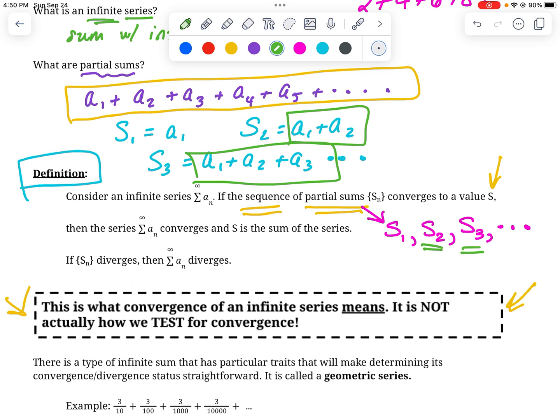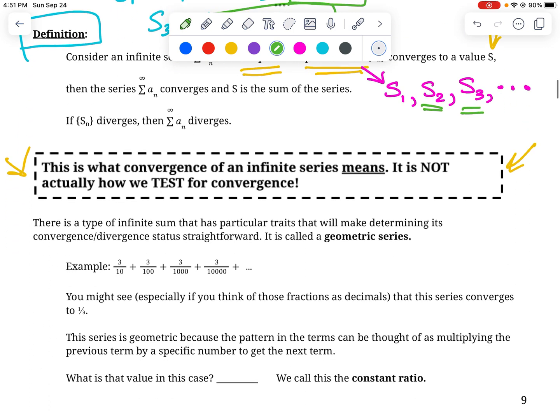So if you find the partial sums, you make those partial sums into a sequence, and then look at that sequence and determine if it has a limit or not. If that sequence of partial sums has a limit, then the series, meaning this thing in purple, converges. If not, then the series diverges. Now that's the actual definition of what it means for a series to converge.